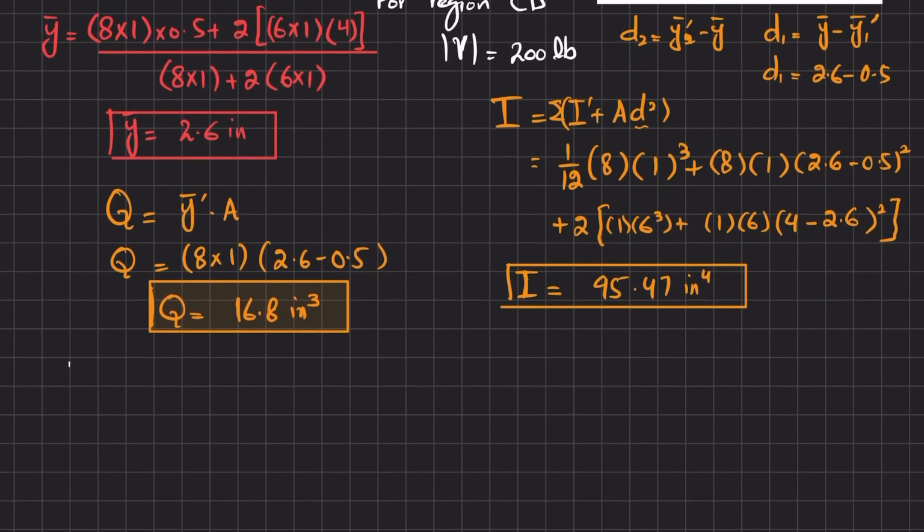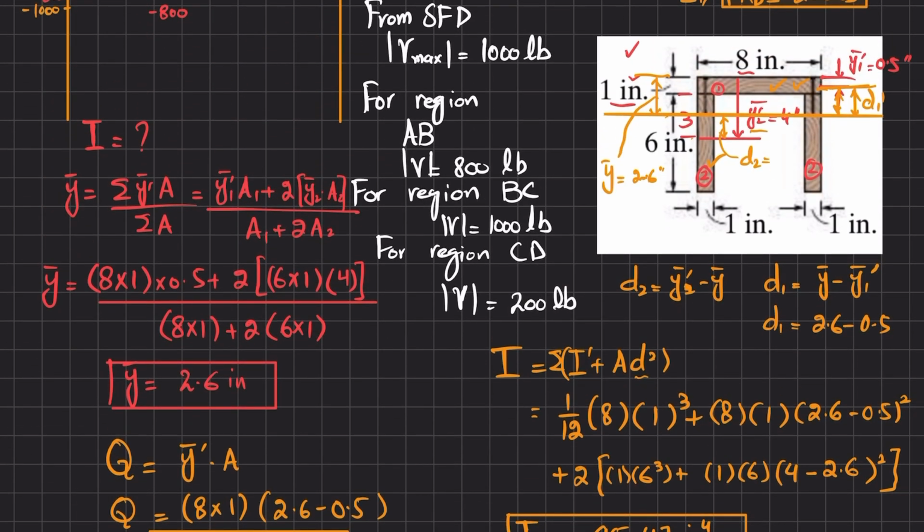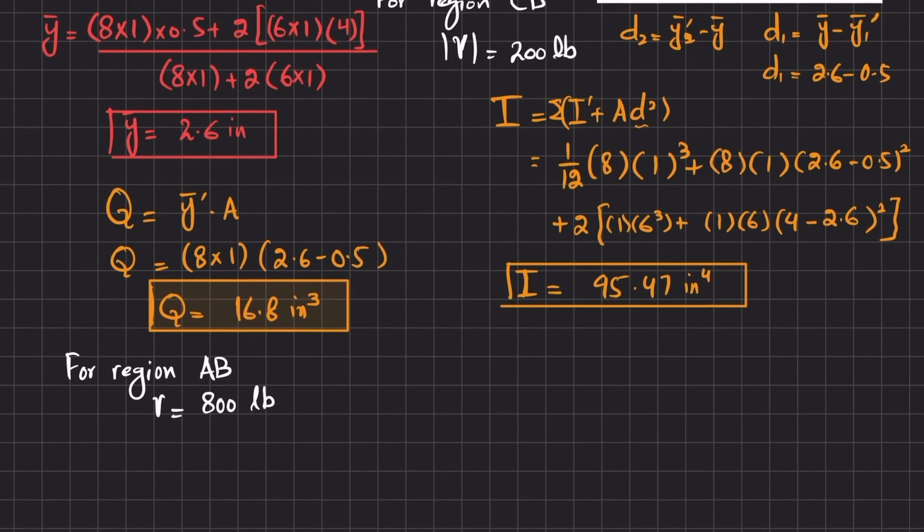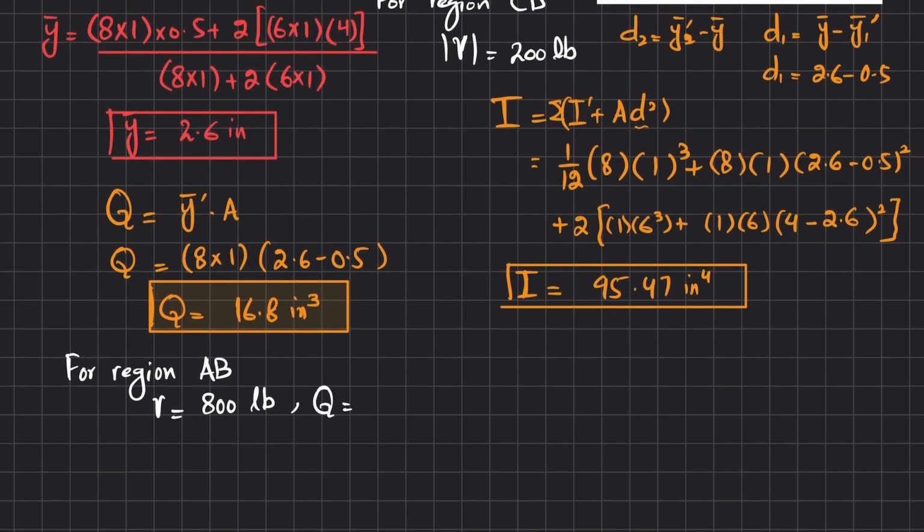Okay, so for region AB, we have shear force equal to 800 pounds, that is shown over here. AB region, 800 pounds. Clear? You have Q equal to 16.8 cubic inch and I equal to 95.47 inch to the power 4.